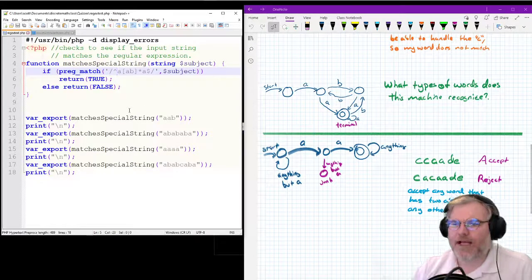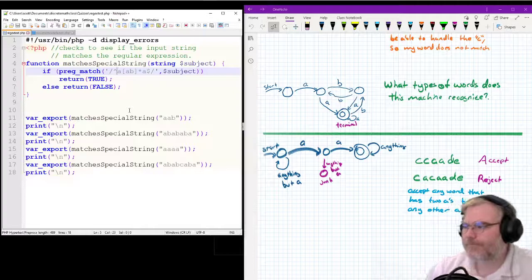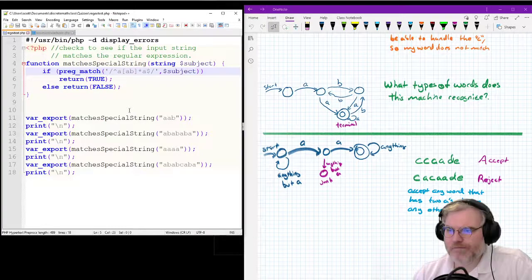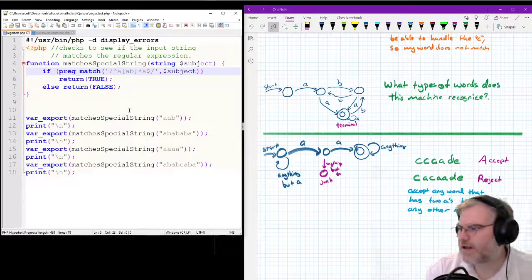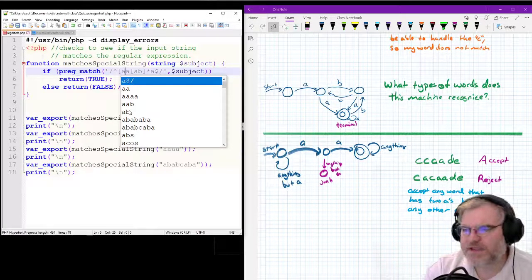So here at the beginning, what would I need? Okay, let's see. Looks to me like this would be A, B. Let's just do lowercase characters.